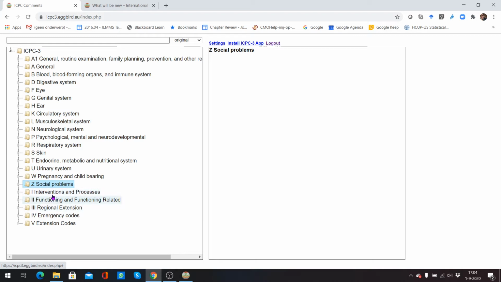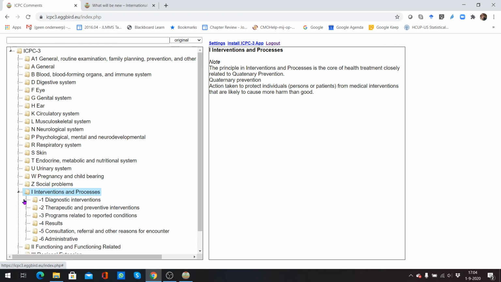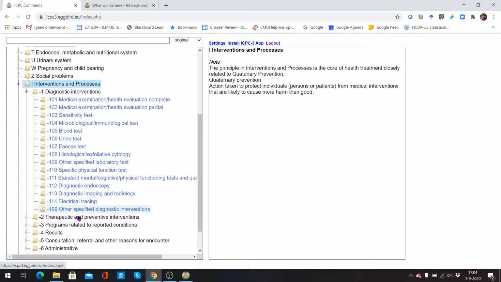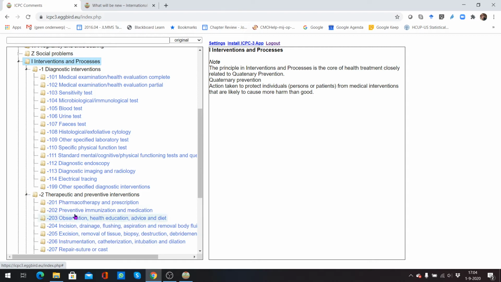In the chapter with the Roman 1, the interventions and the processes are the classes that describe the actions of the provider. By clicking there on the triangle again, this chapter opens with a different component. Both the diagnostic actions or interventions, such as doing a physical examination, requesting a blood test, etc., as well as the therapeutic actions, prescribing, vaccination, giving advice, can be coded.